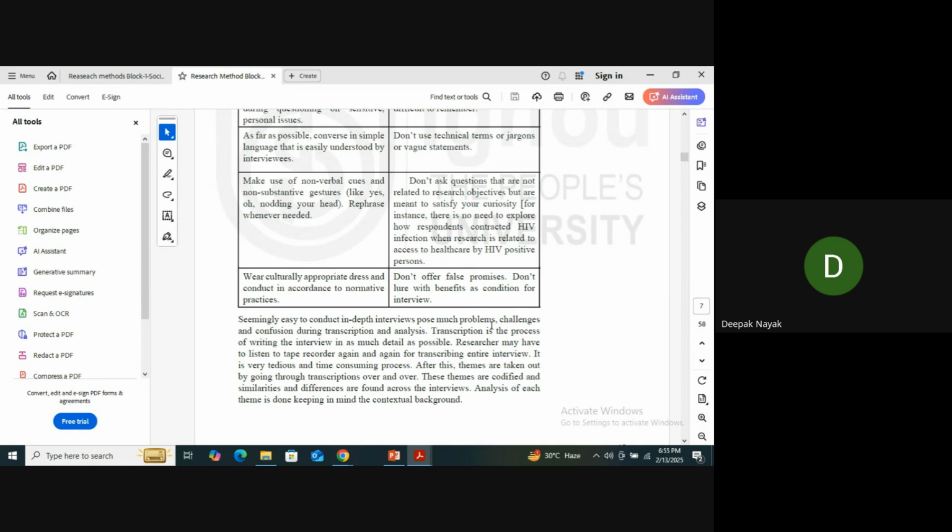Then sometimes, when you go to people of a particular sect or a particular area, you have to be aware of your cultural attire, your dress, your body gestures.